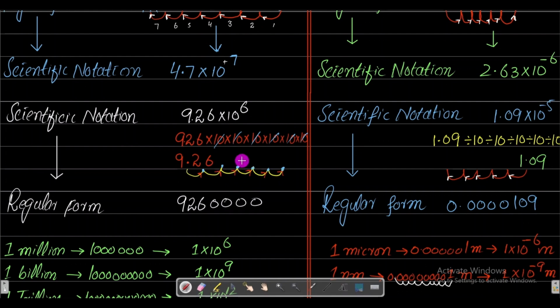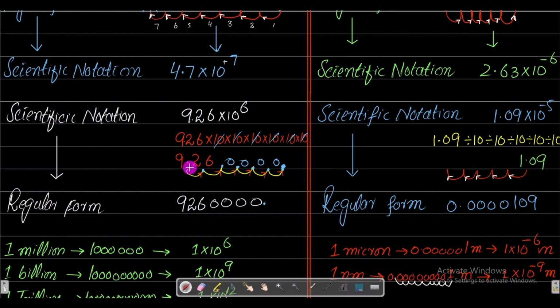So for each step, the point is now here, and now we will write zeros for each step. And this is the regular form of this. So the point has now shifted to the last, and how many steps has it taken?